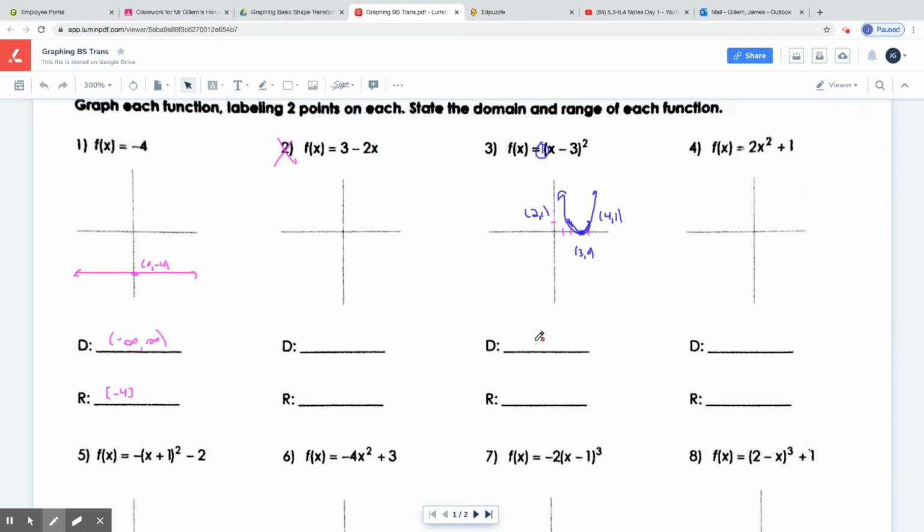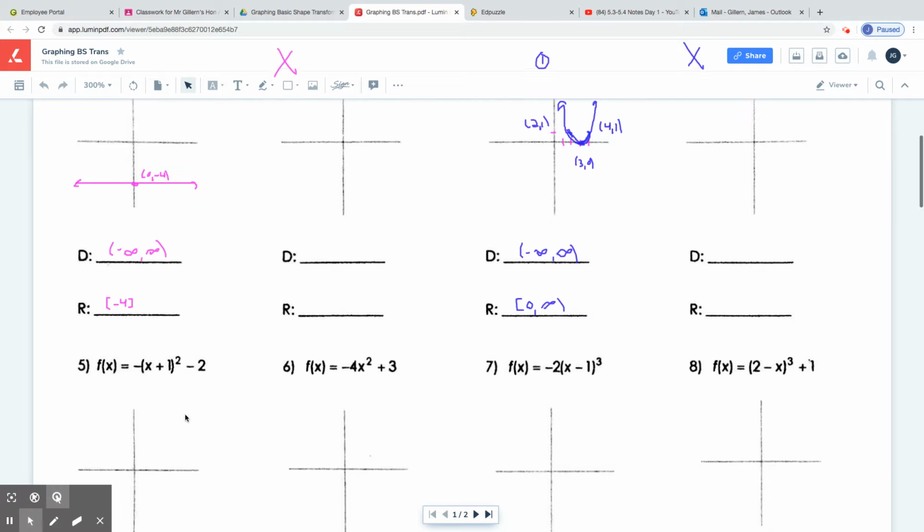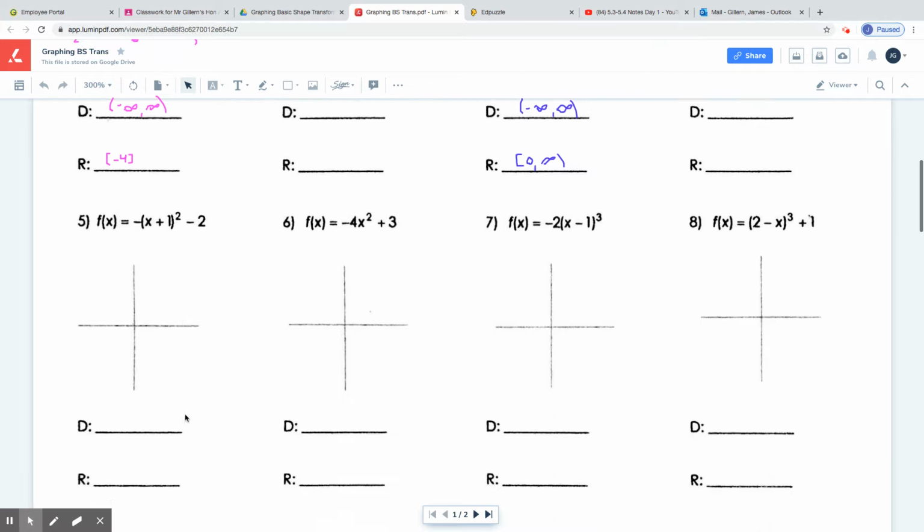The domain of this is -infinity to infinity. The range is from the vertex and up, so that is from 0, included in the brackets, to infinity. We did 4 in class. We did that on the notes already.